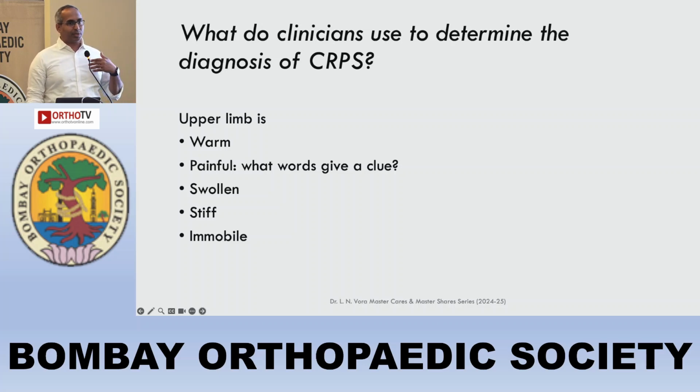And I'm sure that lady who had that hardware accident might also have healed. We don't know. She might be getting back with her deformity. But there is a percentage, as sir rightly said, of people who don't heal and they come to us. And what are your triggers? What do you think of when you feel that this person might be going into CRPS? All of these put together.